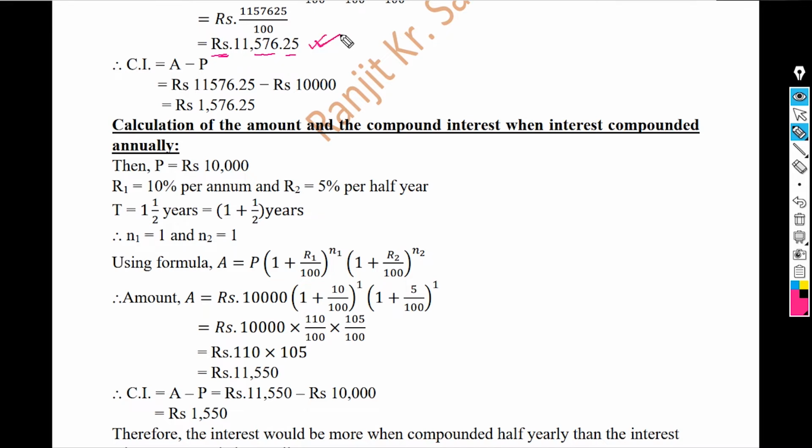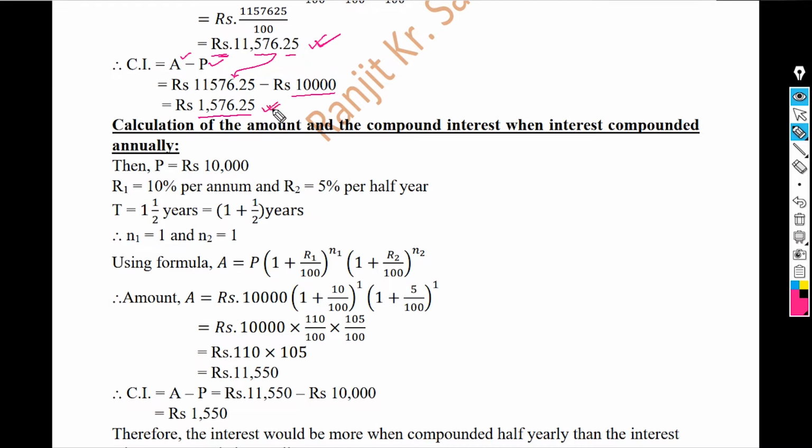First part you have calculated. Now you have to calculate the second part, that is you have to find compound interest, that is amount minus principal. Amount here you have got and principal is 10,000. Subtract it, you will get 1,576 rupees and 25 paise.